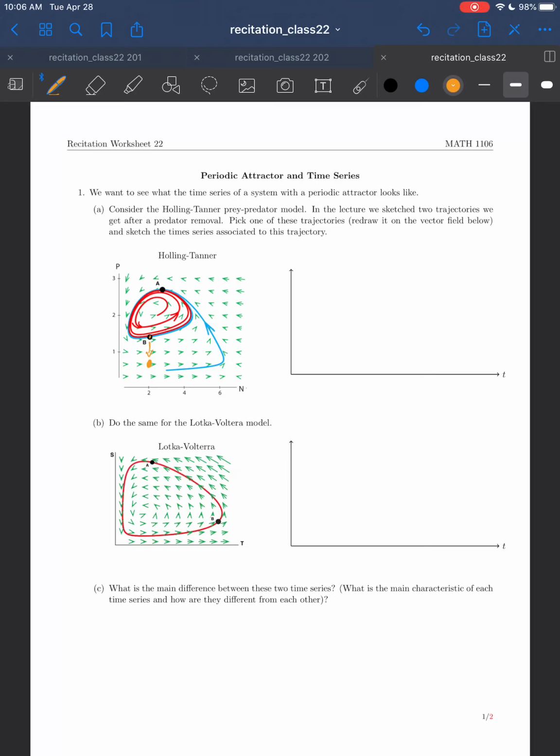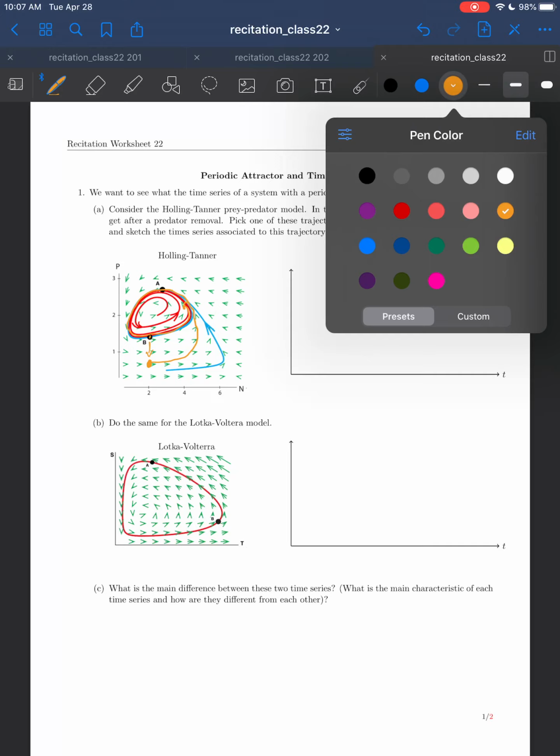Remember, we think of trajectories as sort of surfing along the vector field, which is these little green arrowheads. So if we draw this, we're going to go like this, and it's going to start looping around. It'll look kind of like this outer blue trajectory, but maybe a little tighter.